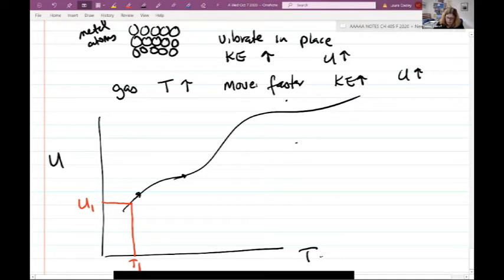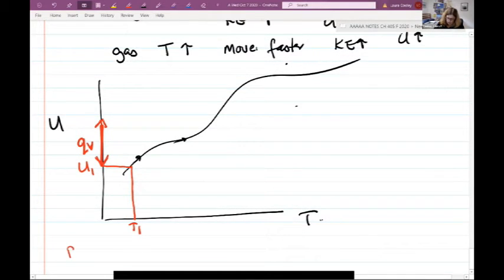And let's say I put a certain amount of heat into this system. I'm going to put this much heat, and I'm going to do it at constant volume. Well, the amount that internal energy is going to go up is going to exactly equal the amount of heat that goes in, right?